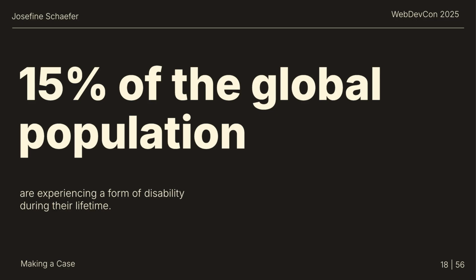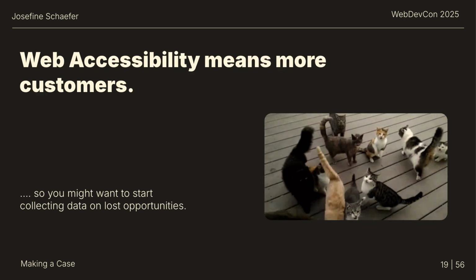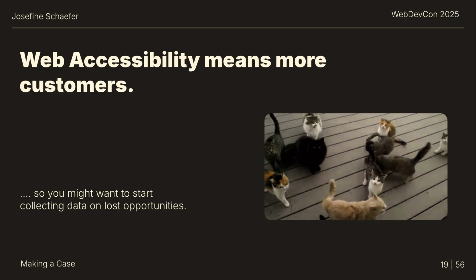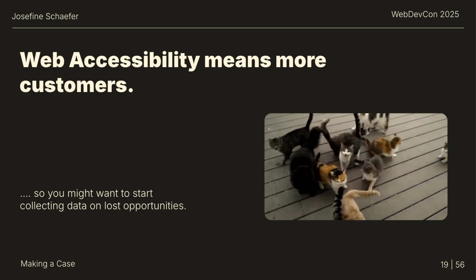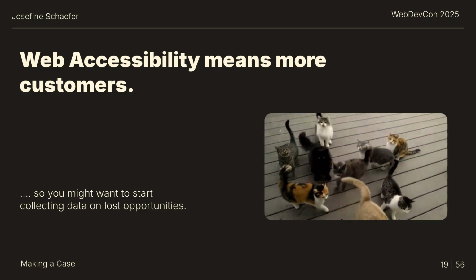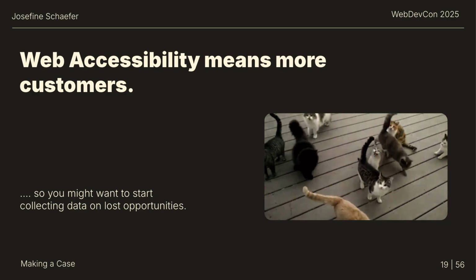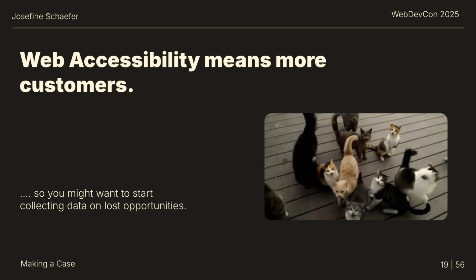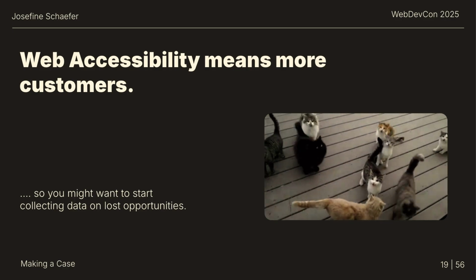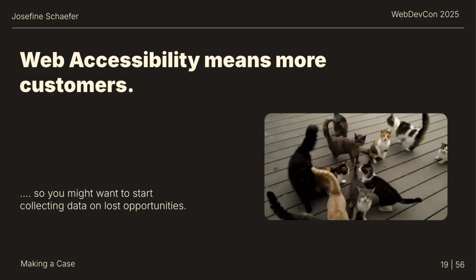And so if you can find a way to collect data on what kind of audiences you are maybe missing, that's going to really make your case if you want to convince your company to invest in web accessibility, right? And what I found really helpful is trying to collect the data on the lost opportunities. That's a really difficult thing to do in a business process sometimes, but it really helps to show why it would have been important or why it is important going in the future.